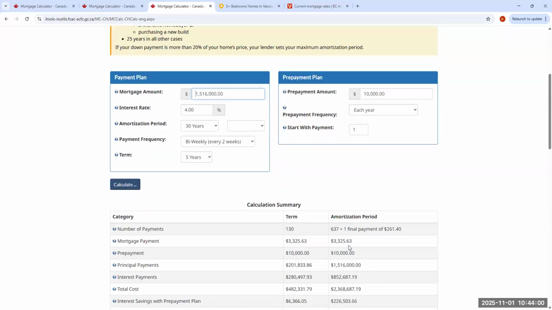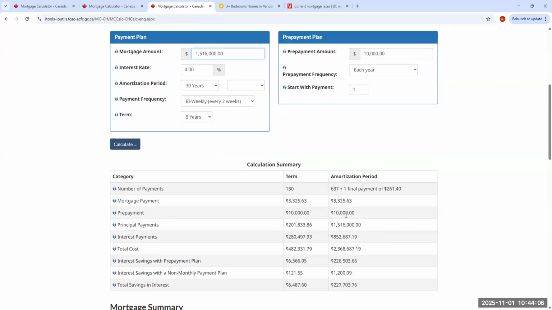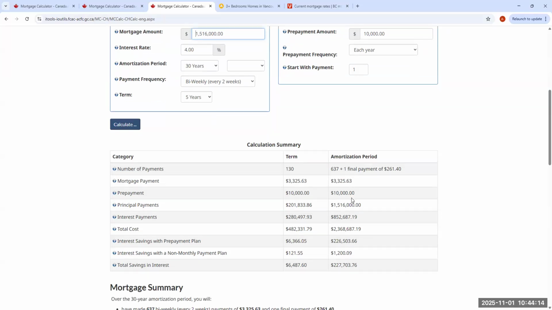Now the payment's not going to change. But with the prepayments that we're going to make, we're going to end up paying interest of $852,687.